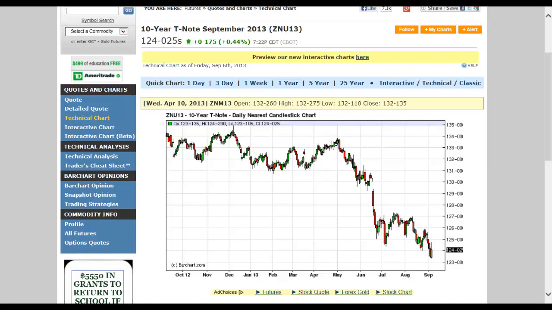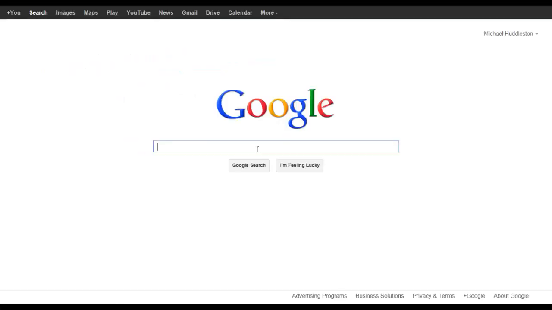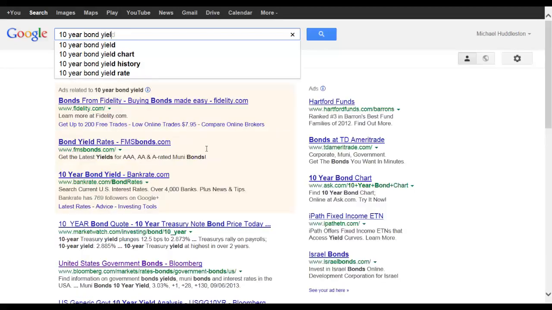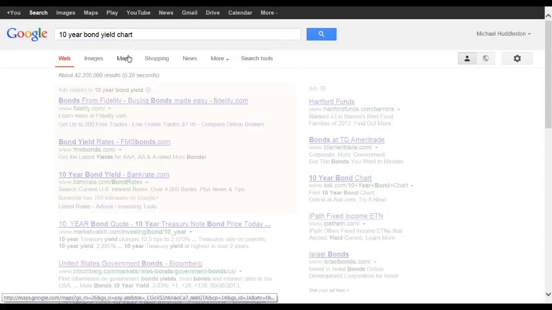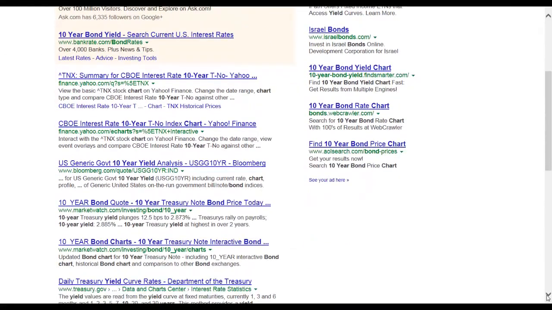Now we're going to come back to this chart, but for another free resource, we're going to create another tab. Okay, and we're going to do a 10-year bond yield chart. Okay, when you click on that, you're going to again look for in the list U.S. generic government 10-year yield analysis.